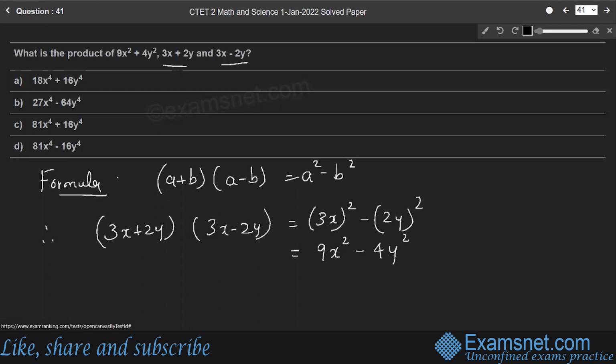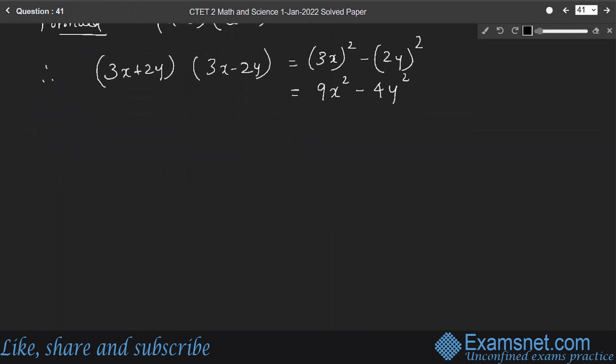Now we have to find the product of 9x square plus 4y square into 9x square minus 4y square. Again the same formula, a plus b into a minus b is equal to a square minus b square.